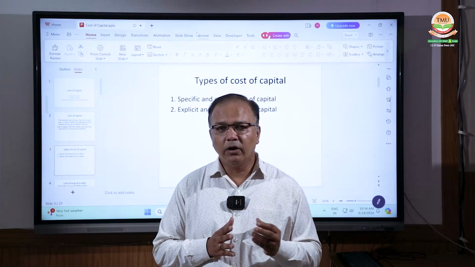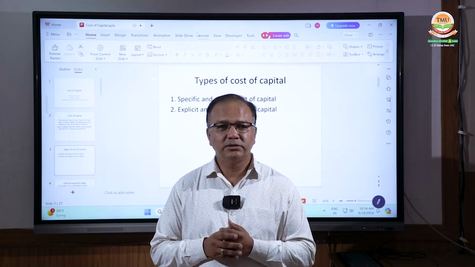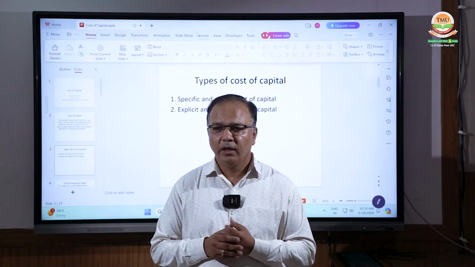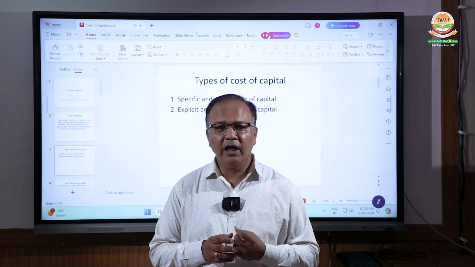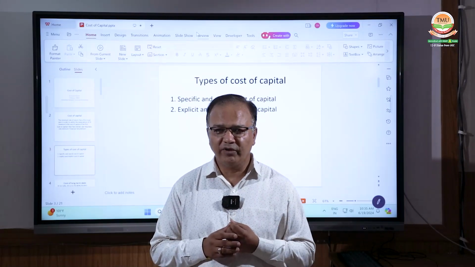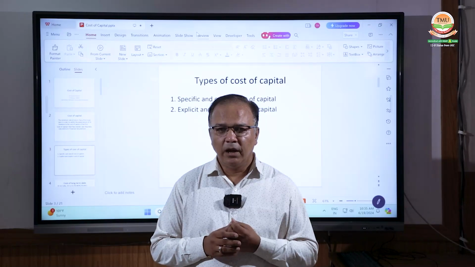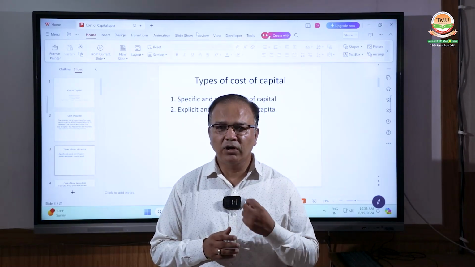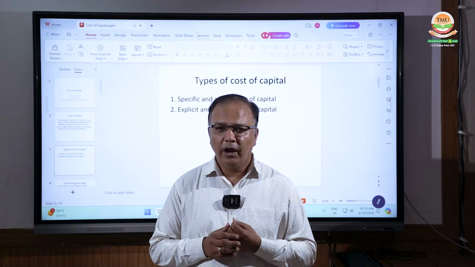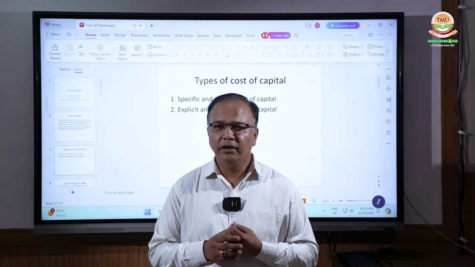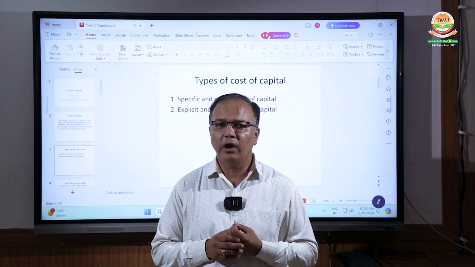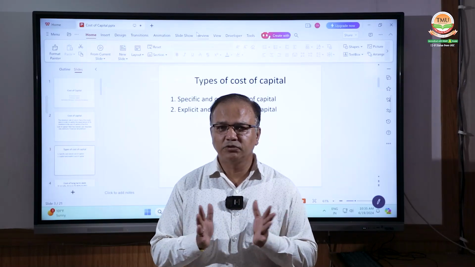I am getting rupees 20 lakh by way of equity, 20 lakh by way of preference share, 20 lakh by way of long-term loan, and the remaining 40 lakh by way of issue of debenture. So there are four sources.